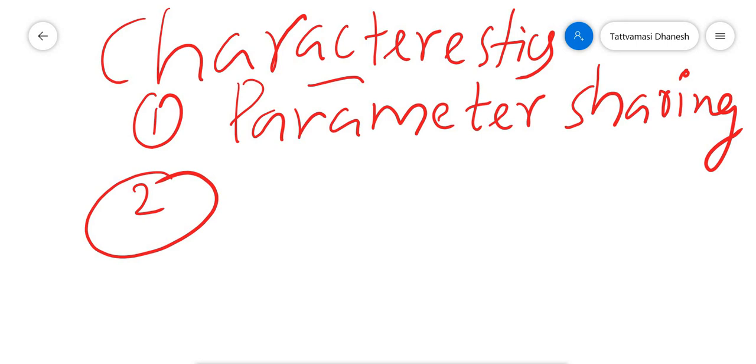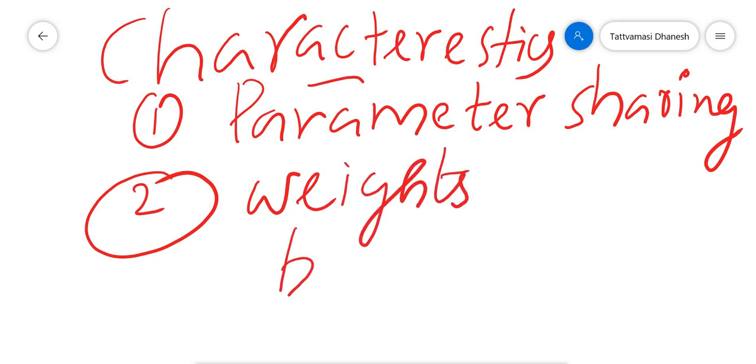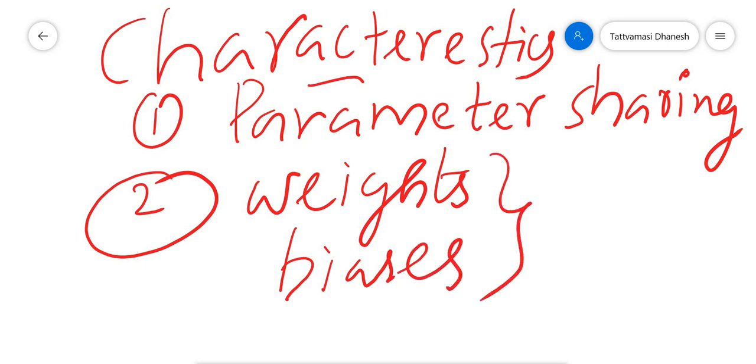Hence, in an RNN, all the hidden state weights, output weights, and input weights have the same value throughout all the connections. That means the weights and biases are the same. Very important.